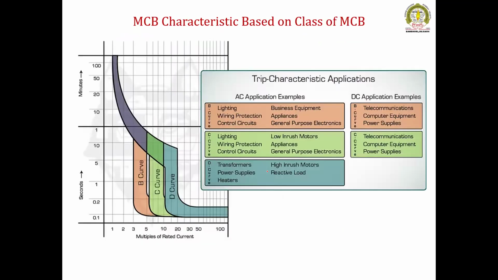Now, the applications of the different types of MCB. The B curve is used for lighting, wiring protection, control circuits, and some general appliances. So B class we generally use in homes, where lighting systems are there. Whereas the C curve is used for low inrush current motors, appliances, and general purpose electronic circuits.